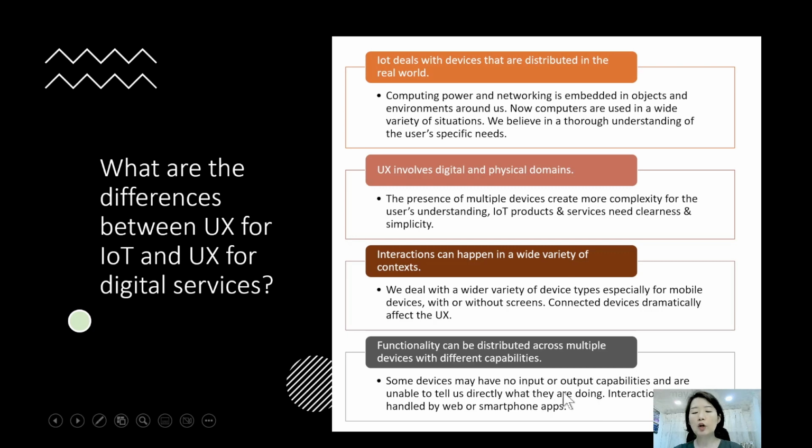Some devices might not have any input or output capability, because they just collect data, that's all. You cannot set or do something on the sensor. You can just pre-program it and it will do its work. So there is no so-called input keyboard or output keyboard. Interaction might be handled by web or smartphone apps automatically.